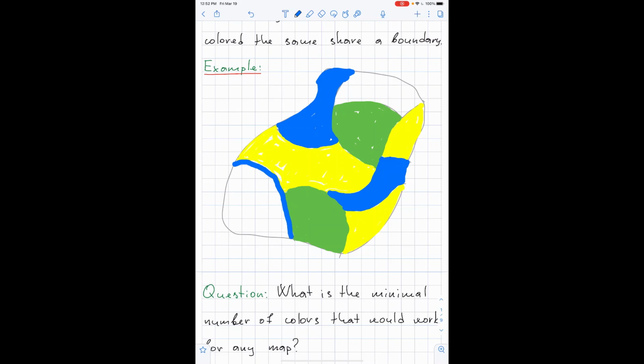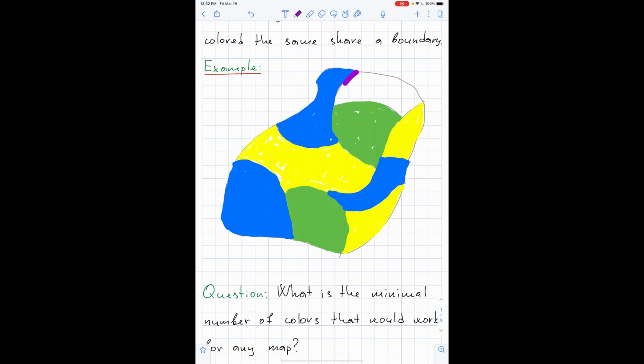But this last one left over there at the top right corner, I cannot color in blue, I cannot color it in green, and I cannot color it in yellow, so I'll have to use yet another color, say purple. So let's color it in purple.